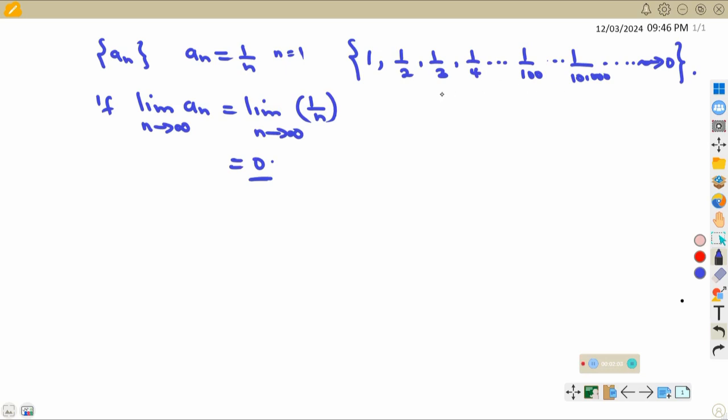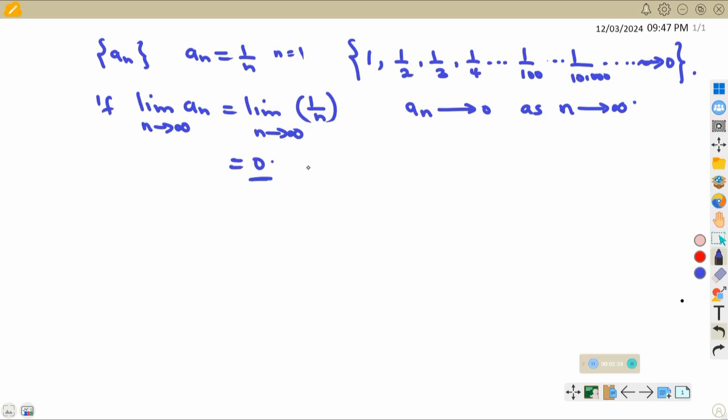So a_n will be tending to 0 when n is becoming extremely big, because all the others will be 0.00 something like that. So you realize that the terms of the sequence will be tending to 0.